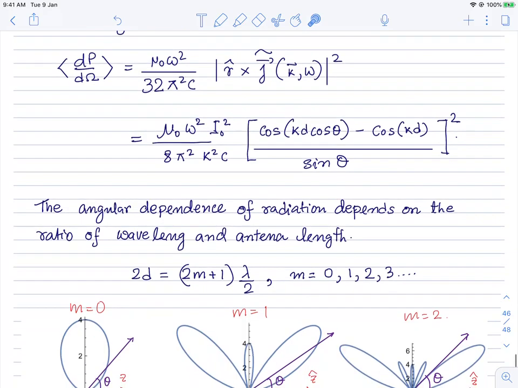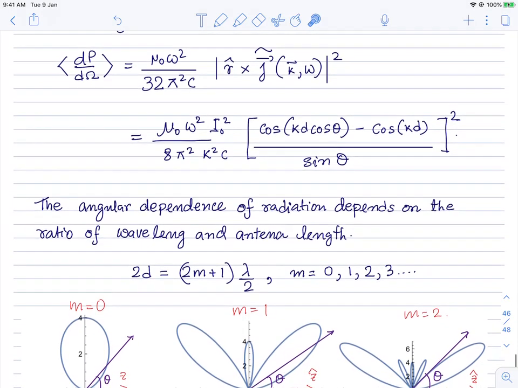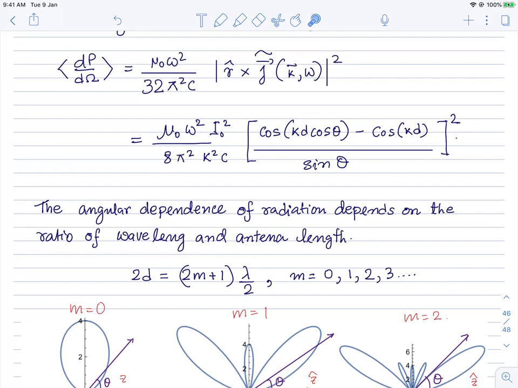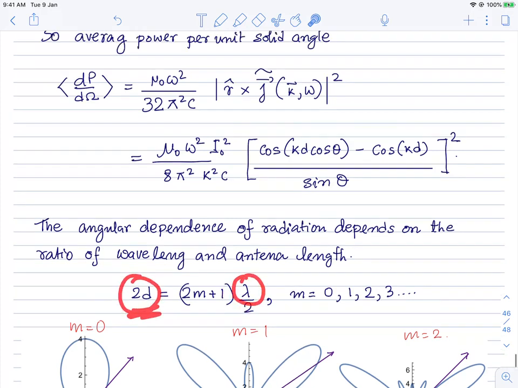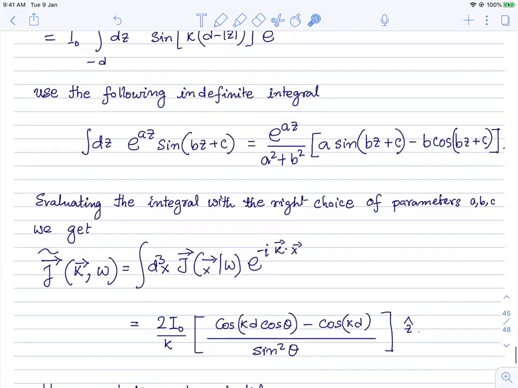So you see, there's a very interesting thing going on. It depends on the wavelength, which is defined in terms of the frequency, the driving frequency. Given that we are driving the antenna with some particular frequency, that will determine the corresponding wavelength of the radiation, and if that wavelength is comparable with this d, you remember this d was basically the length of the antenna here.